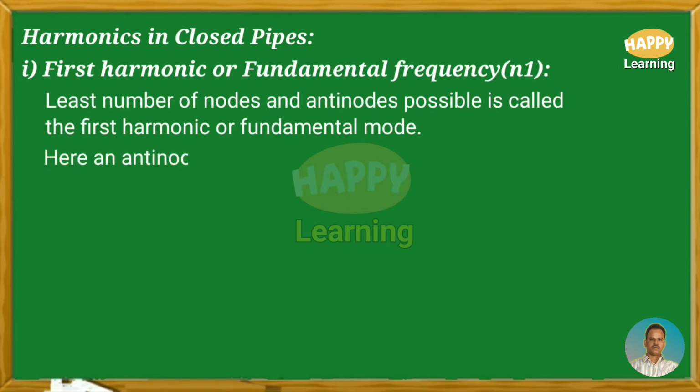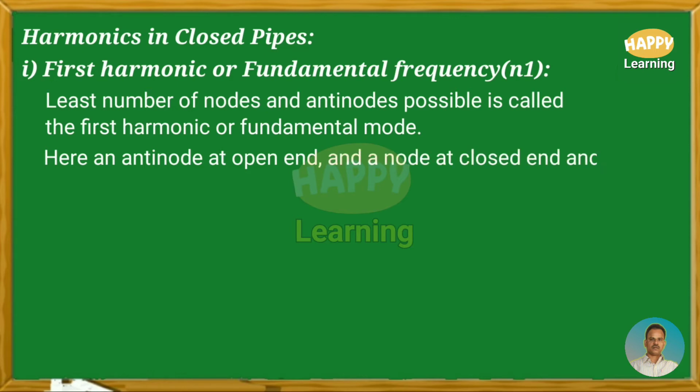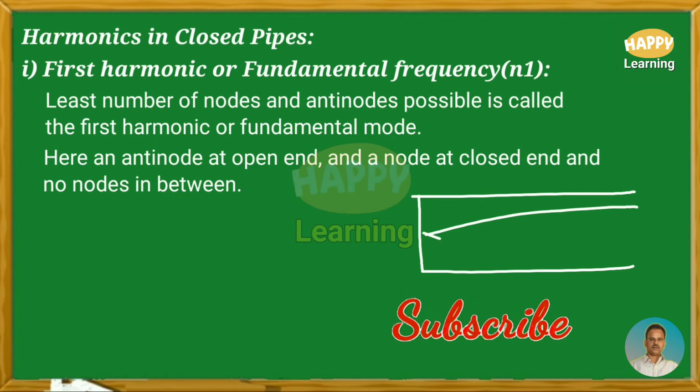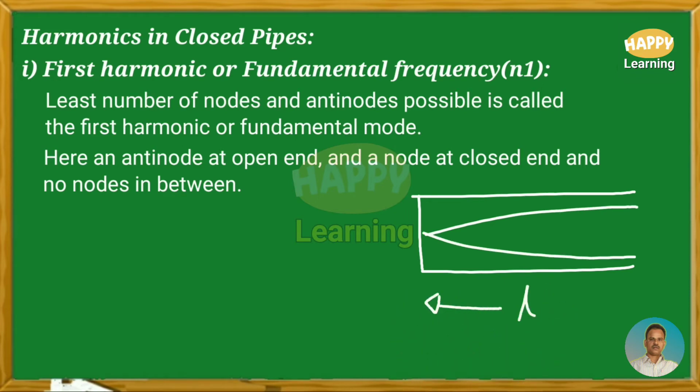Here, an antinode at the open end and a node at the closed end, and no nodes in between, are formed. So this is the formation of a stationary wave with the least number of nodes and antinodes.